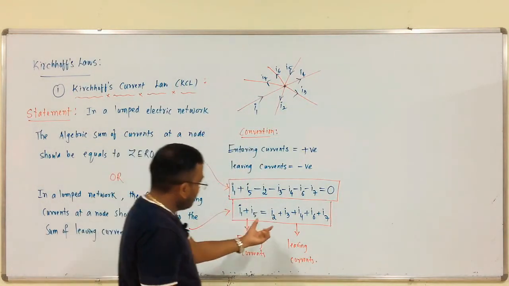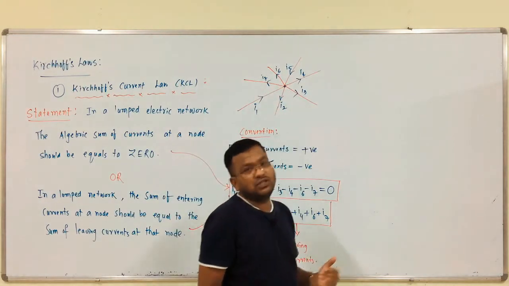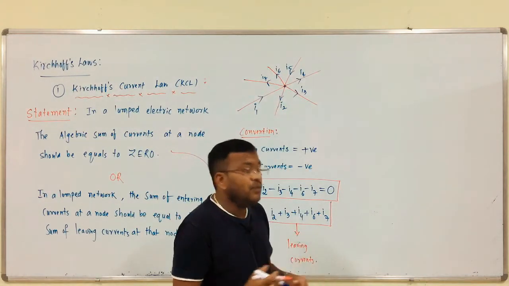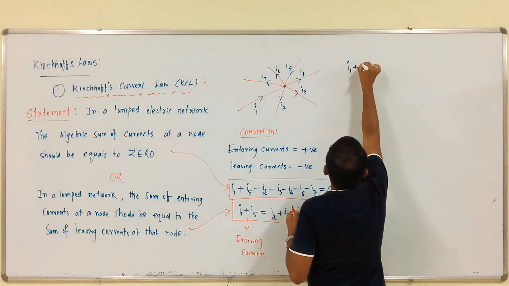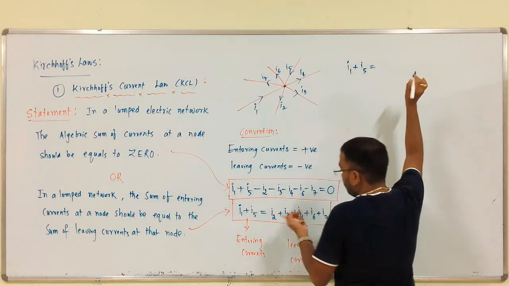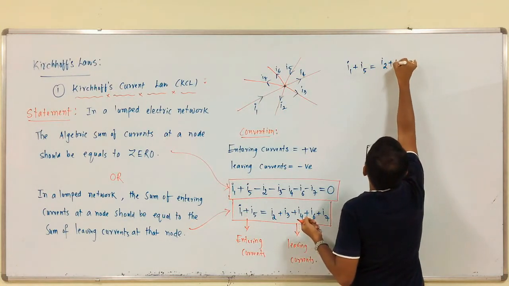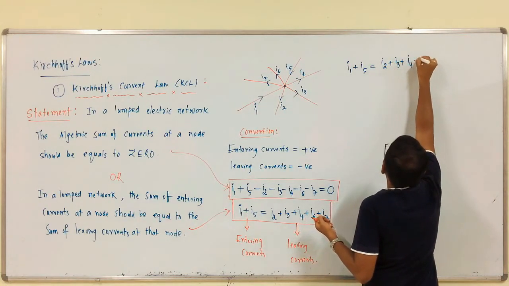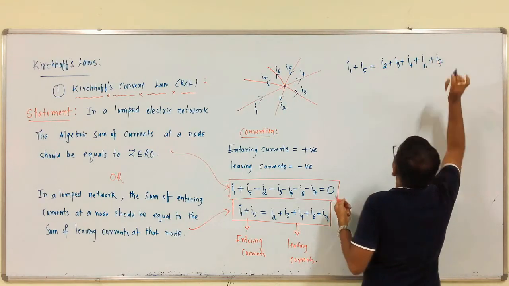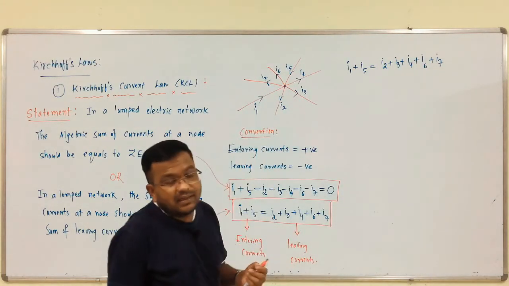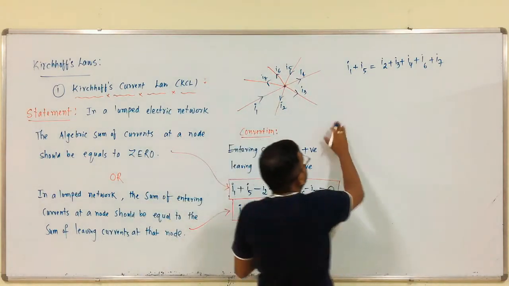From this we have a beautiful observation. You all know that I1 plus I5 is equal to I2 plus I3 plus I4 plus I6 plus I7. What is current? The rate of change of charge.